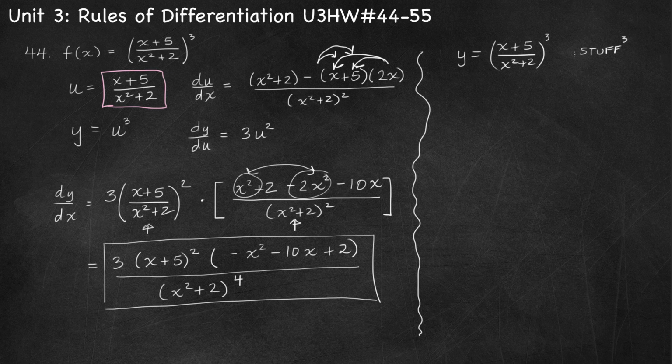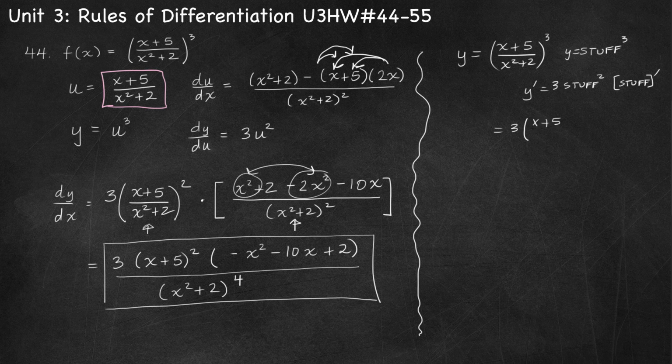That's the form that this is in, my outside function, y equals stuff cubed. And I know the derivative of that, so y prime is going to be 3 times stuff squared times the derivative of the stuff.